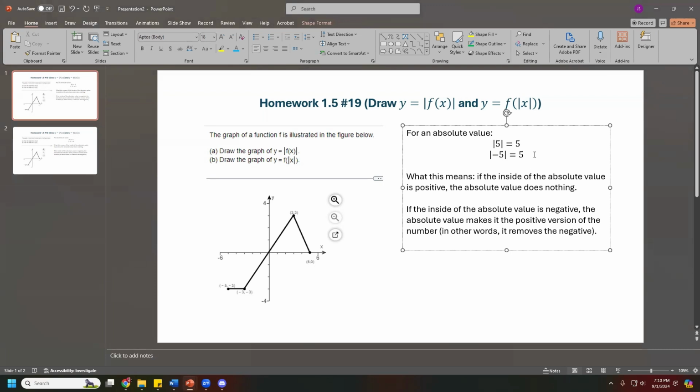In practice, what this means is if whatever is on the inside of the absolute value bars is positive, they don't matter. You can kind of just remove the absolute value bars and nothing will change. However, if whatever's in the absolute value bars comes out negative, I just remove the negative. My answer ends up being the positive version.